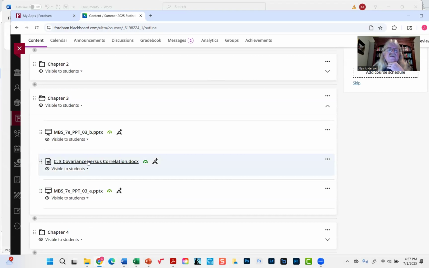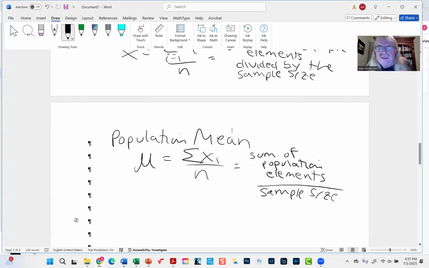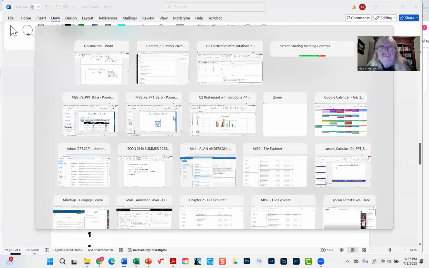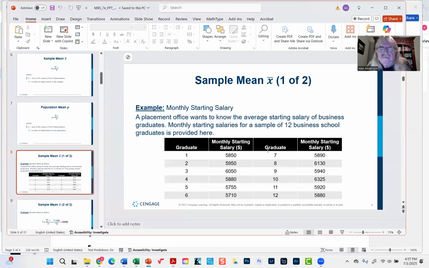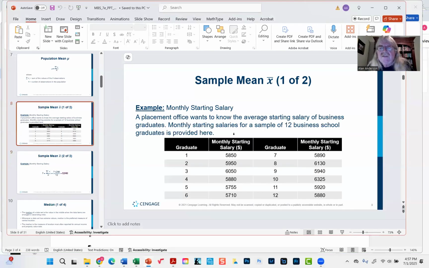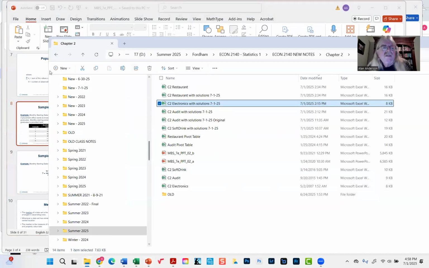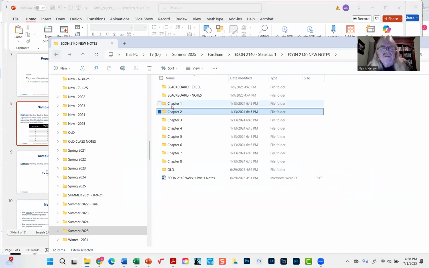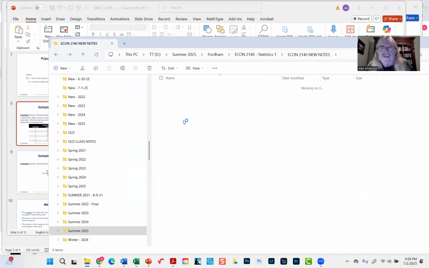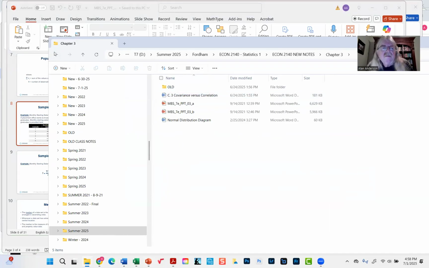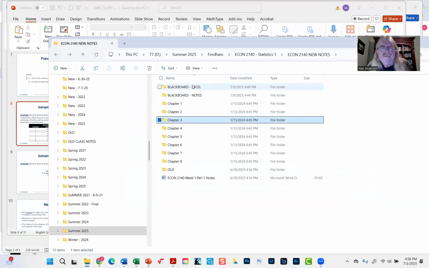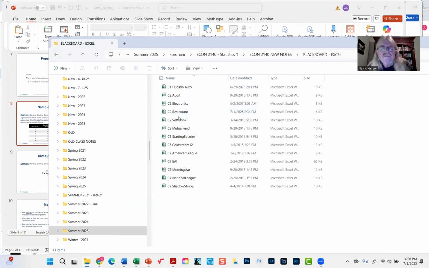I'm not sure if this is the right one. Hold on one second. Monthly salaries. Yeah, you know what I just realized? I think I somehow neglected to post this one, so I'm going to go take care of that right now because we're going to need it. Of course we are. That's not where it is. There it is, starting salaries. Beautiful.